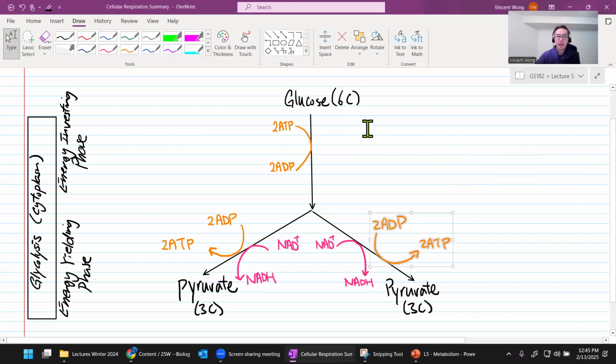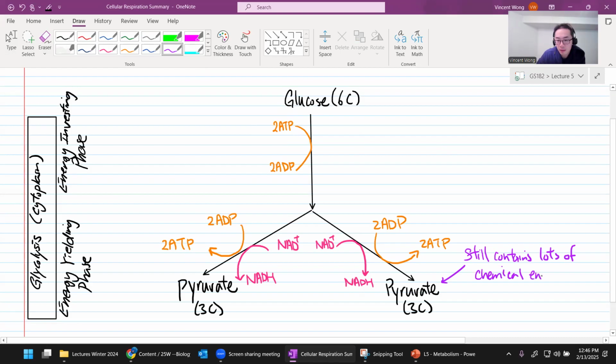Okay. By the end of this process, there is still a lot of energy in pyruvate. It still contains lots of chemical energy. And remember, we're supposed to make 36 ATP. So far, we only created 4. We still have a long way to go.